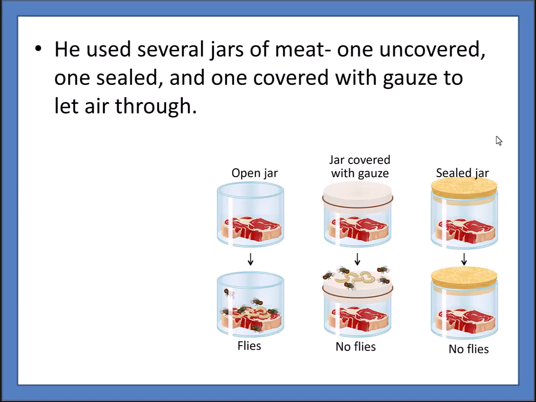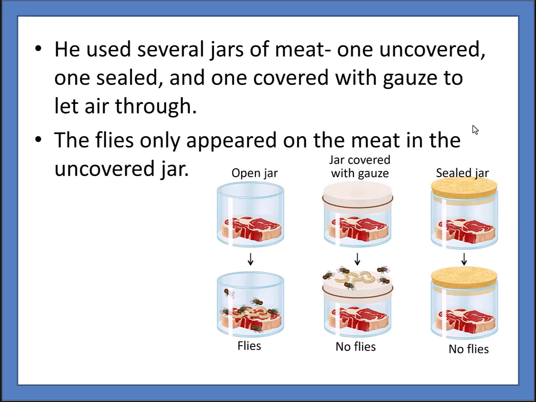He used several jars of meat, one uncovered, one sealed, and one covered with gauze, just to let air through. So this one was completely open, this one was just covered with gauze, and this one was completely sealed. The flies only appeared on the meat in the uncovered jar.